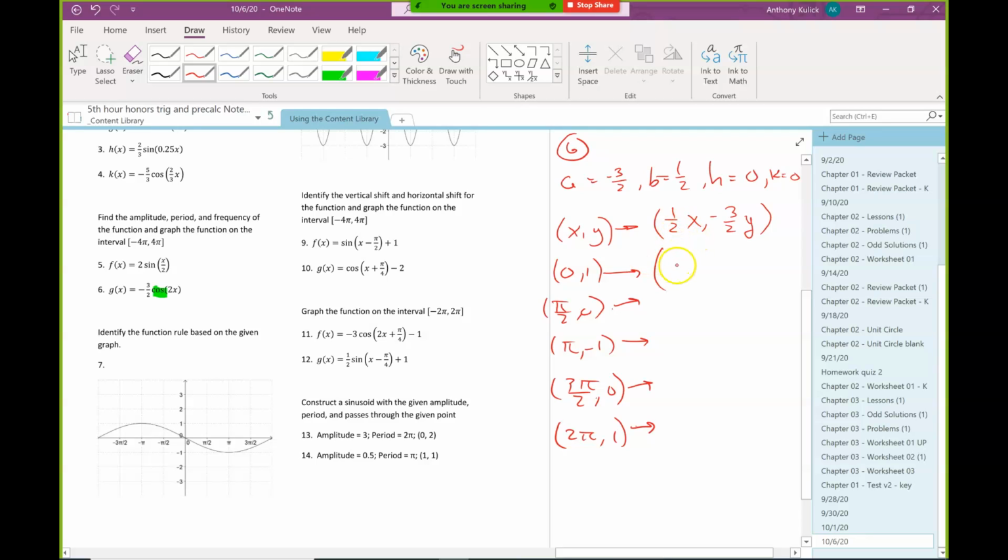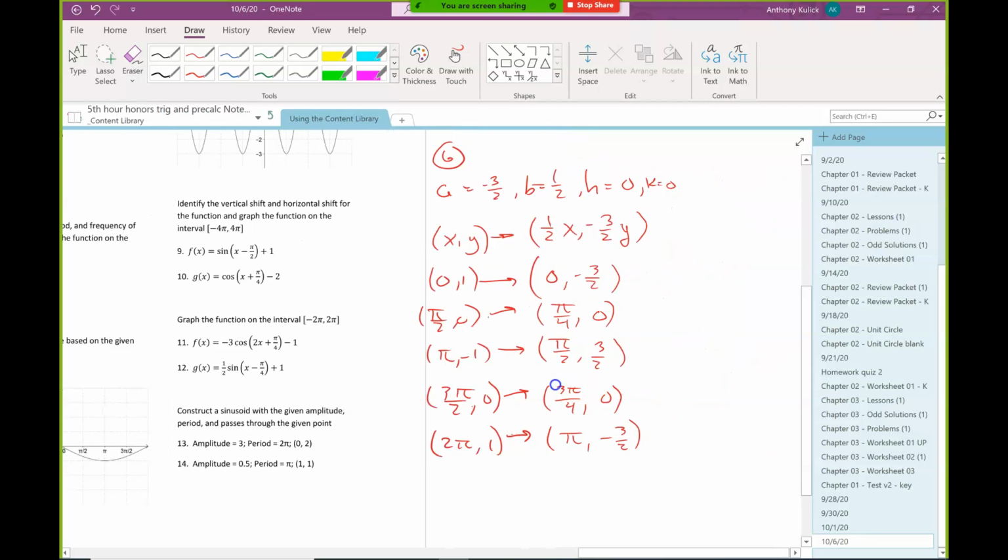So 0 times a half is 0. 1 times negative 3 over 2 is just negative 3 over 2. 1/2 times pi over 2 is pi over 4. And 0 times whatever is 0. Pi times a half is pi over 2. Negative 1 times negative 3 over 2 is just 3 over 2. 3 pi over 2 times a half is 3 pi over 4. And 0 times anything is 0. And then 2 pi times a half is just pi. And 1 times negative 3 over 2 is just negative 3 over 2.